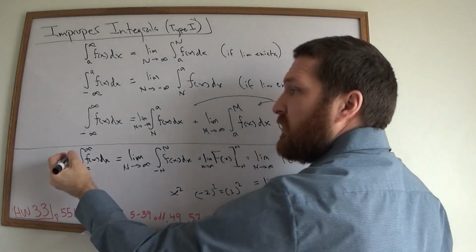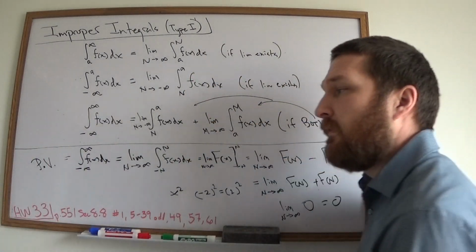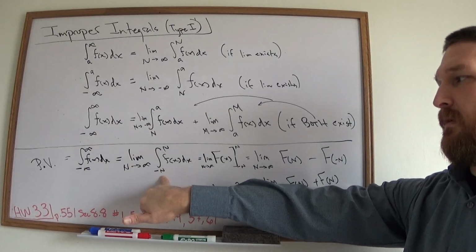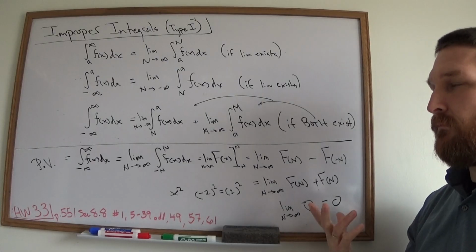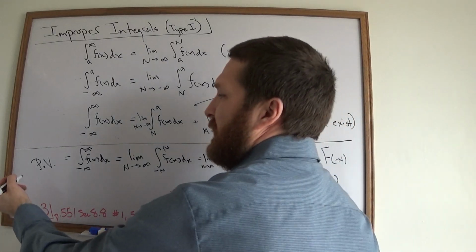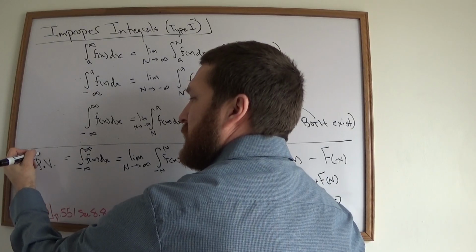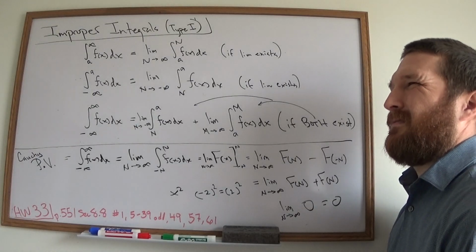And this is actually a thing. This is called the principal value of a function. You just do this. The principal value of f is when you take the limit at the same time. If it's even, it comes out to 0. In fact, there's different kinds of principal values. This is called the Cauchy, named after Augustin Cauchy.